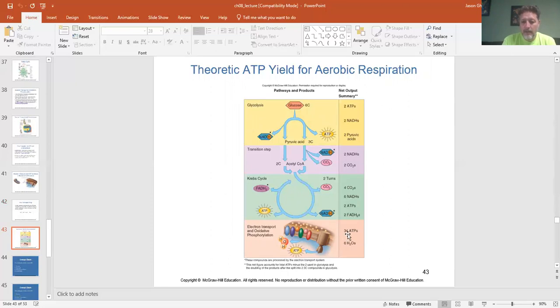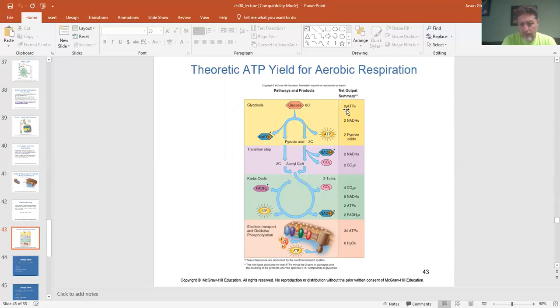Now, you might be looking at this and wondering where it's coming up with these 34 ATPs. For every 1 NADH, you can produce 3 ATPs using the electron transport chain. For every 1 FADH, you produce 2 ATPs.